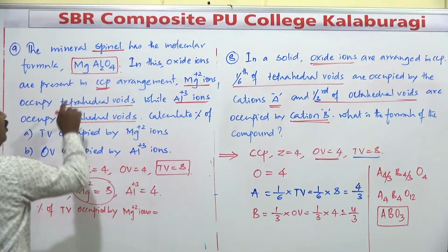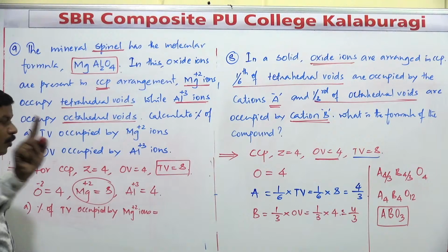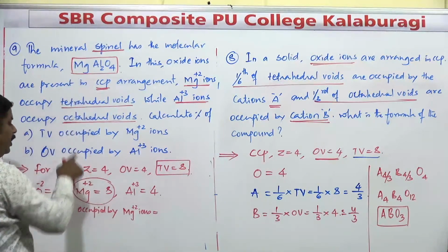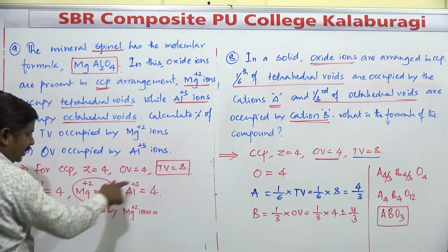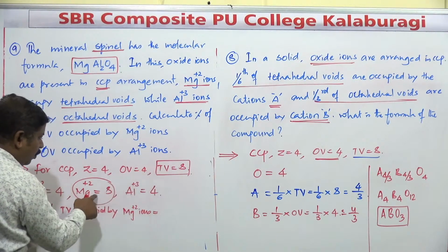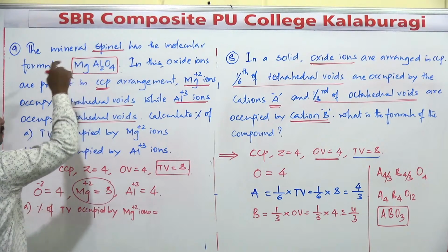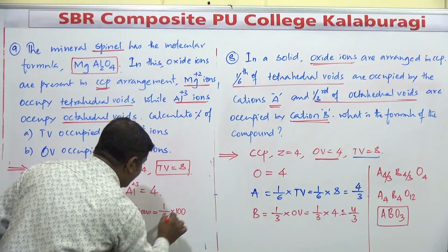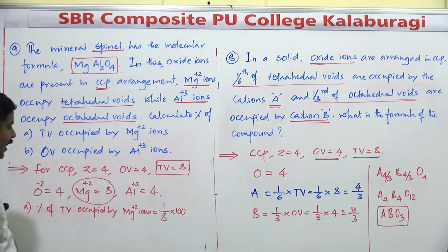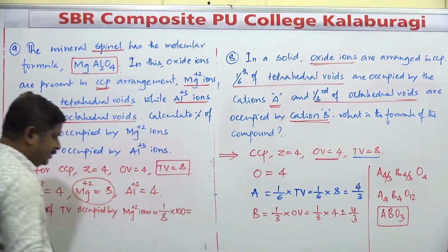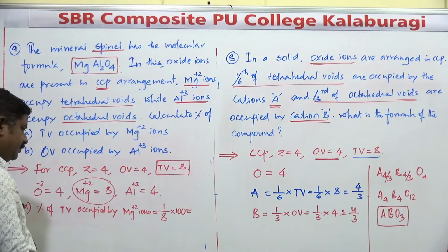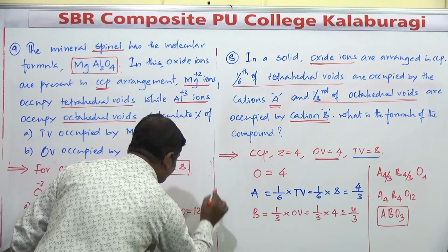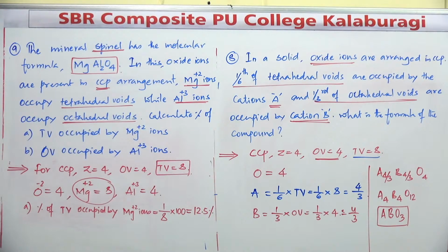But in this formula, how many magnesium ions are present? Only one magnesium is present. When only one magnesium ion is present, out of 8 tetrahedral voids, only one tetrahedral void is occupied by the magnesium. So this is 1 by 8 into 100, which is 100 by 8, roughly 12.5%.